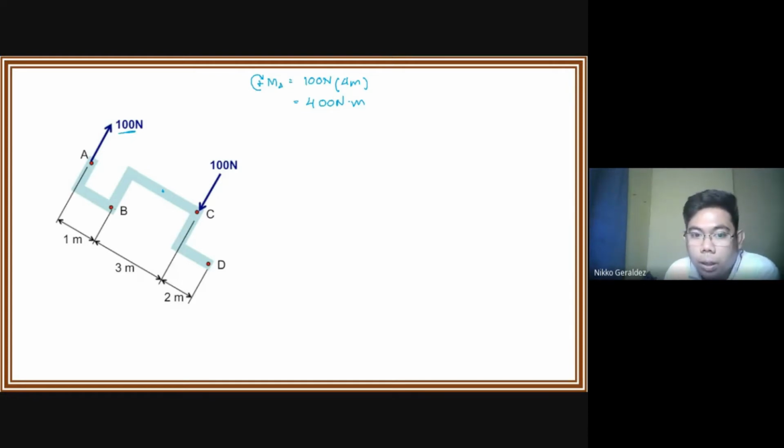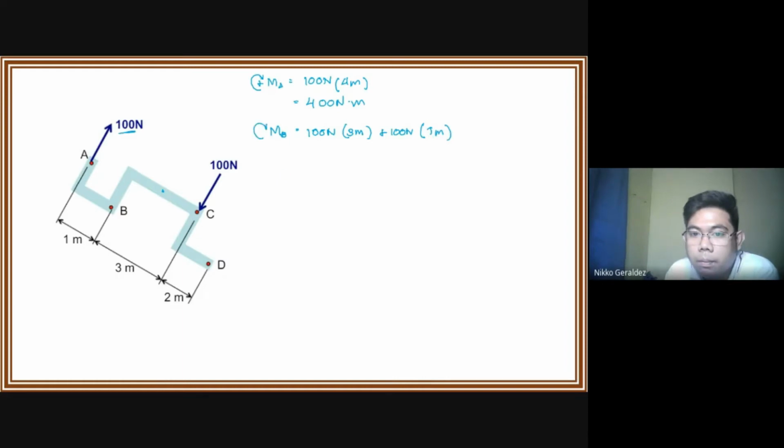Now let's try point B. Taking moments at point B, first the 100 Newton at point C produces a clockwise moment, so that is 100 Newton times 3 meters. Then the 100 Newton at point A also produces a clockwise moment, so positive, plus 100 Newton times 1 meter.